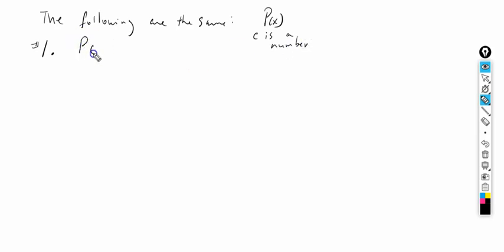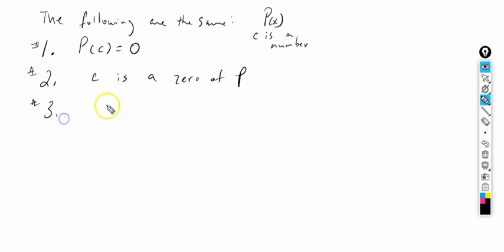If p evaluated at c is equal to 0, that means that c is a 0. And that's the same thing as saying that x minus c is a factor.